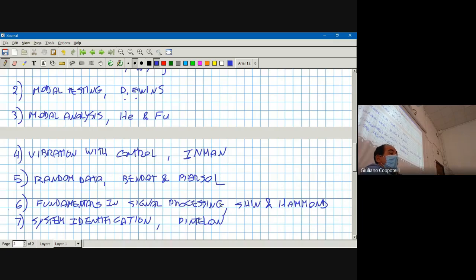This will regard the use of the strain gauges, the modal parameters identification, and signal processing. I'll give you a text or a problem to solve. I will emphasize some problems, some issues, and then you have to write your own report.